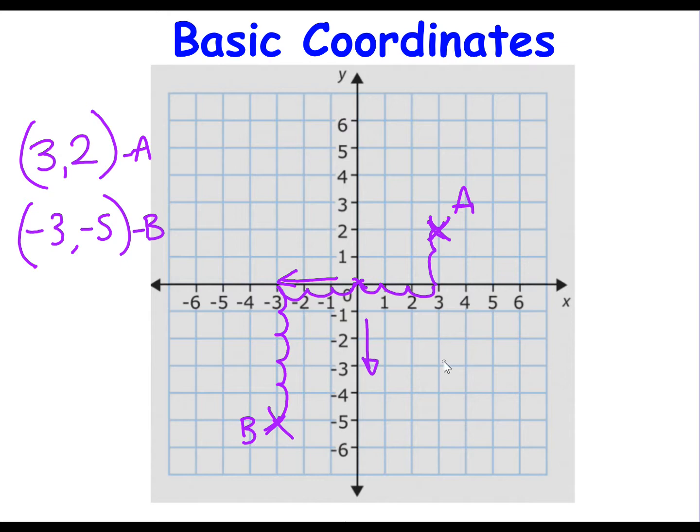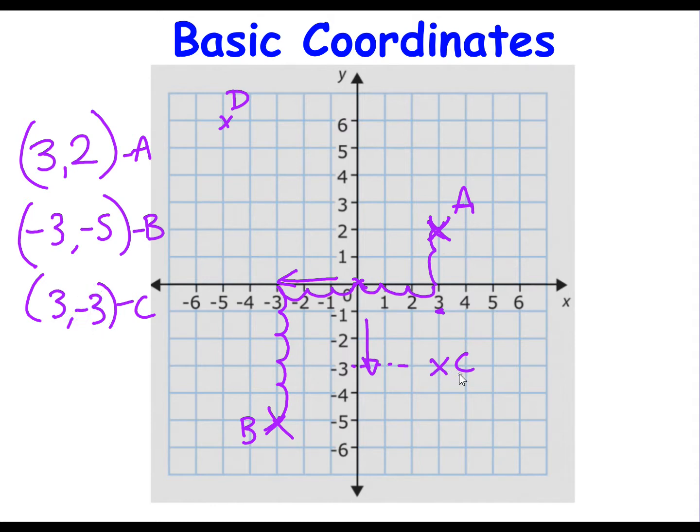Conversely, if you have to read coordinates, let's make up points C and D. To find the coordinates for point C, count the number of squares across, so it's 3 across, and it's 3 down.